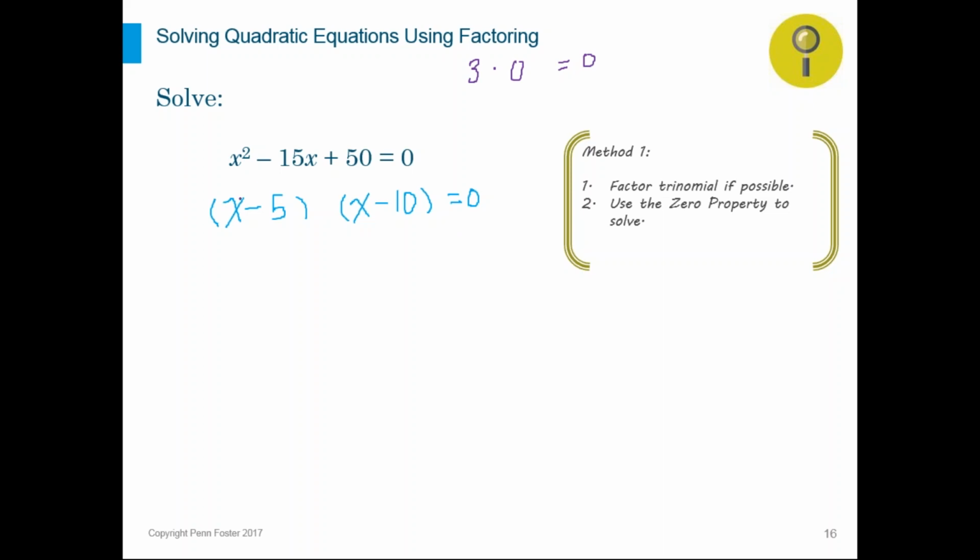So if I multiply this factor times that factor, it should give me a 0 according to the equation. Then it means that either this factor is the 0, or this factor is the 0. Maybe this factor evaluates to a 0. So whatever value this is times a 0 will give us a 0. This is the zero property.